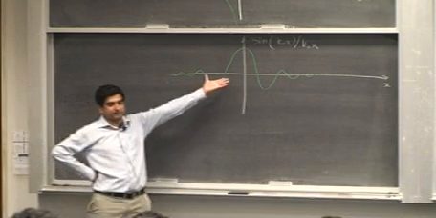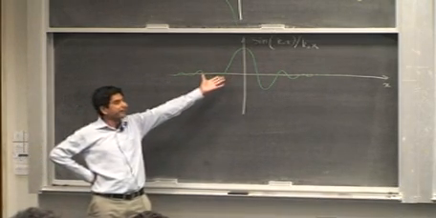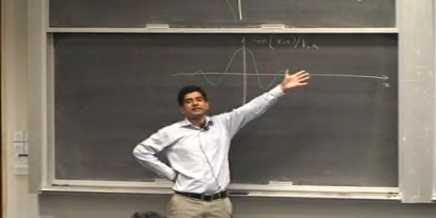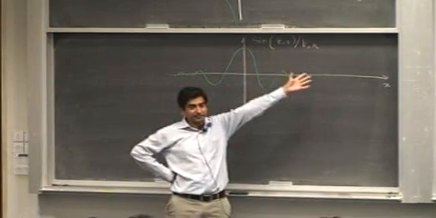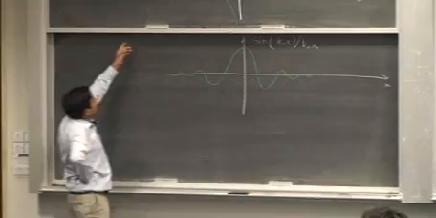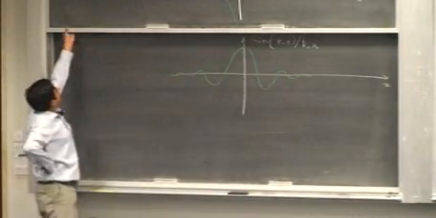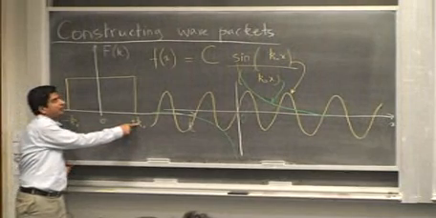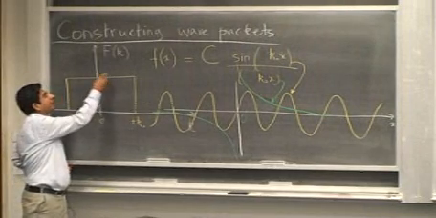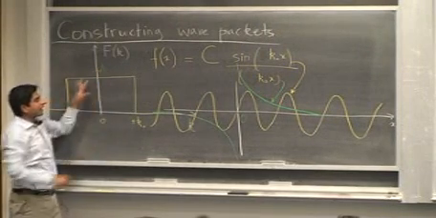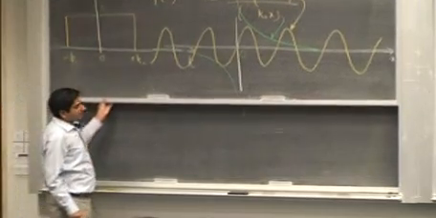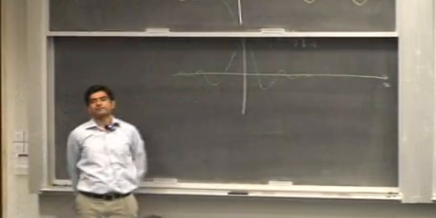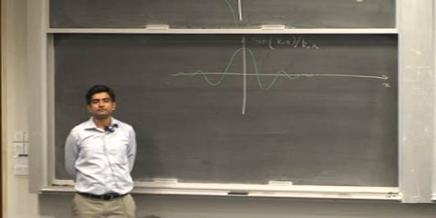This is the wave. This is the wave in real space. This is how the wave will look if we start off with component waves whose wave numbers range continuously from minus k naught to plus k naught, and all of these have the same amplitude. You add up all of these waves, this is your resultant wave.